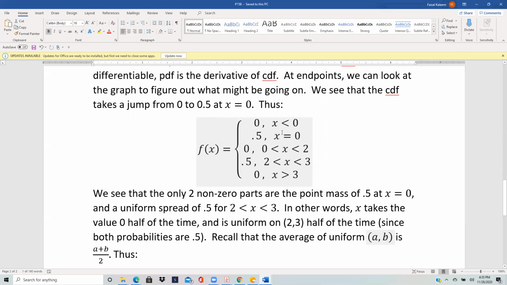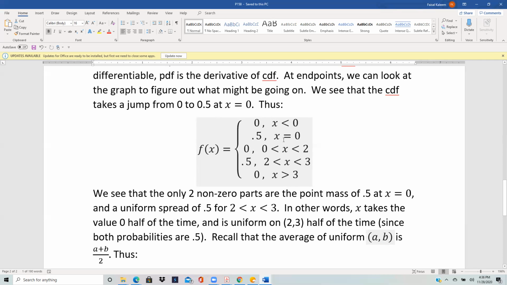Now, if you think back in terms of probabilities, since this 0.5 and this 0.5 are the only 2 non-zero probabilities, what we are saying is that x will be 0 with probability 0.5, and x will be between 2 and 3 with probability 0.5.